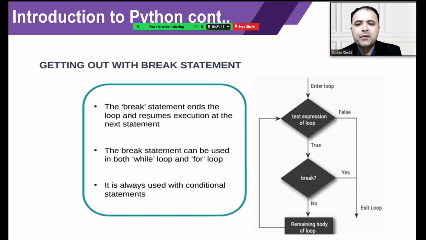Getting out with the break statement ends the loop and resumes execution at the next statement. The break statement can be used in both while loop and for loop, and it is always used with a conditional statement.